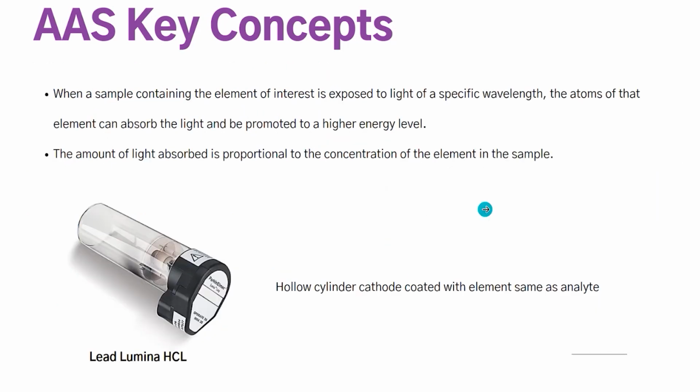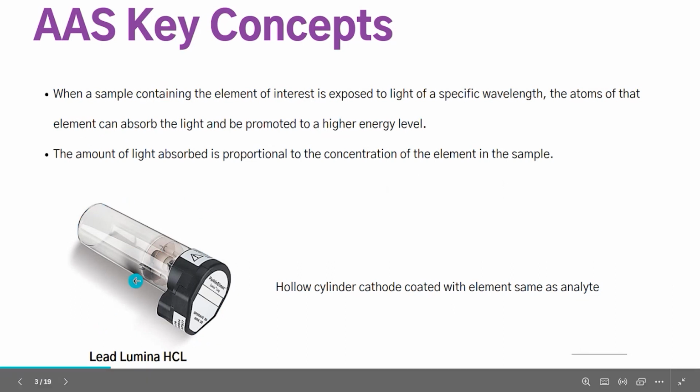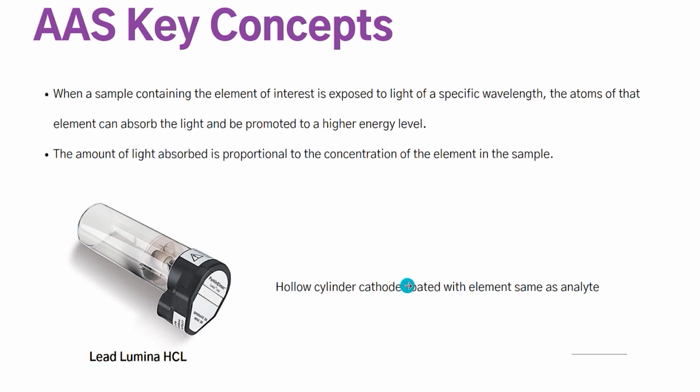So this HCL is an apparatus which is coated with the same element as the analyte, which functions to emit light as a light source to the nebulized liquid sample. So that is something we will go into later.